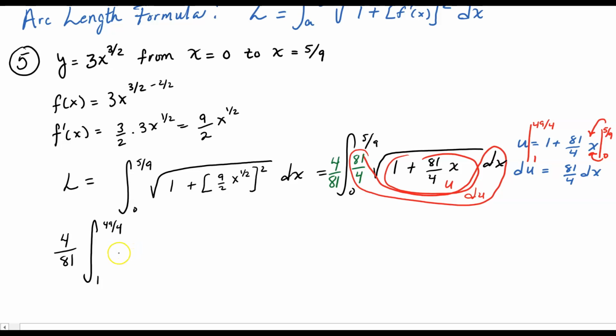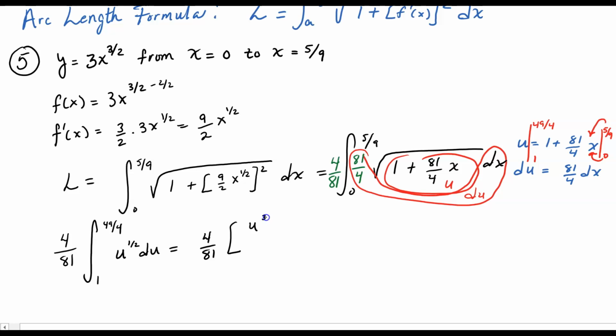So let's see here. We are going to have 4 out of 81 on the outside. We're going to have on the inside basically a square root of u, which is u to the 1/2 power du. And then this is very straightforward to integrate. So we have 4 out of 81, and then u to the 1/2 becomes u to the 1 over 2 plus 2 over 2.